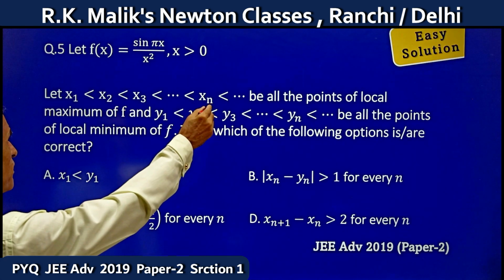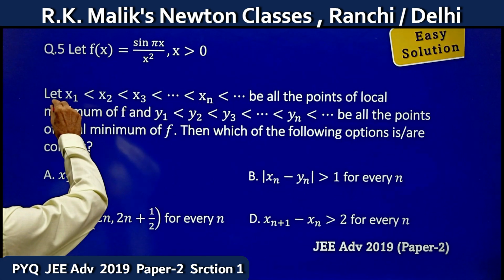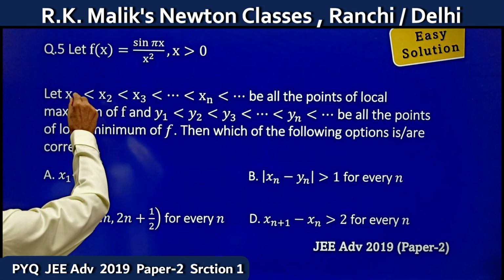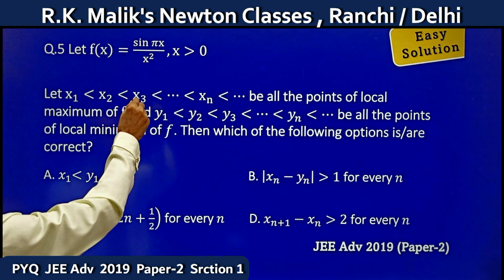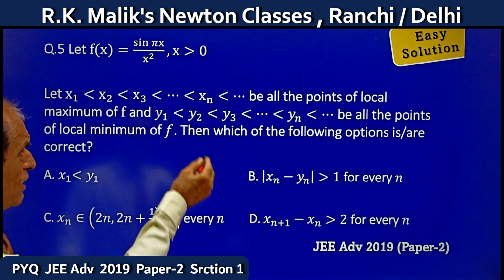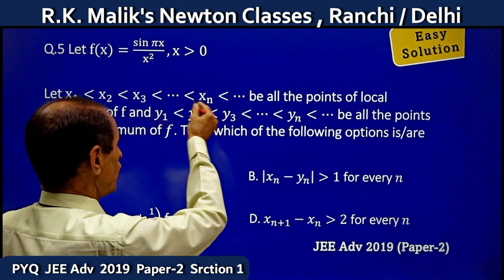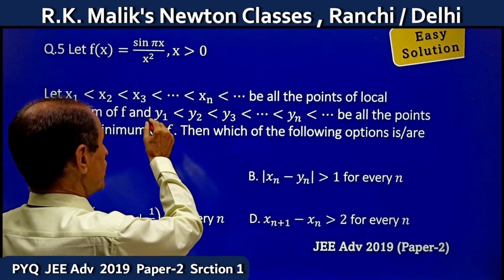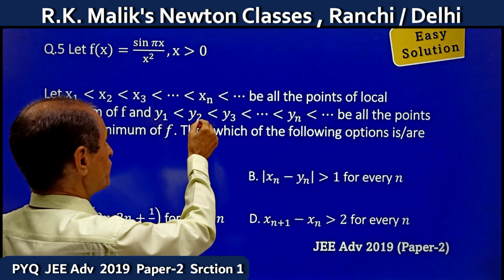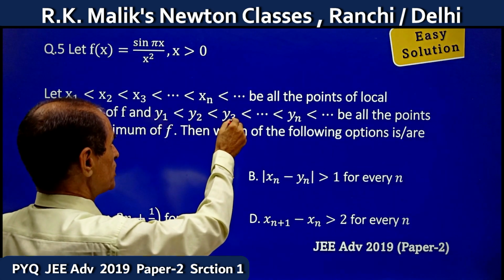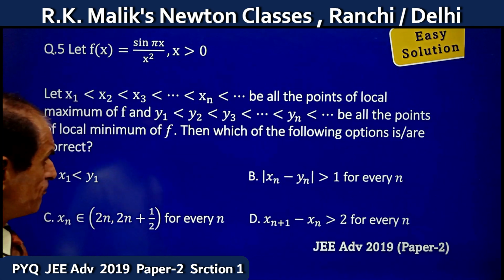Multiplying all these by pi, I name pi x1 as alpha 1, pi x2 as alpha 2, pi x3 as alpha 3, and so on. Similarly, here also I multiply all of them by pi, and now I name pi y1 as beta 1, pi y2 as beta 2, pi y3 as beta 3, and so on.